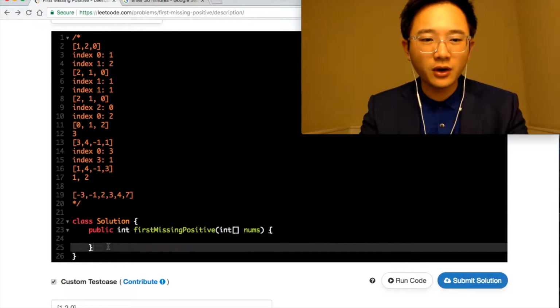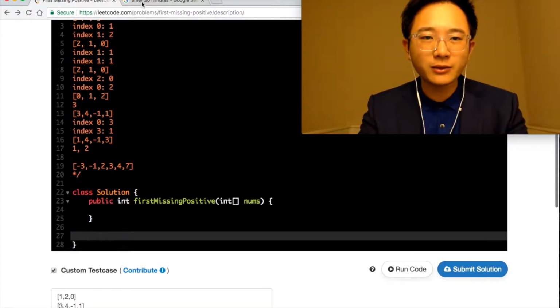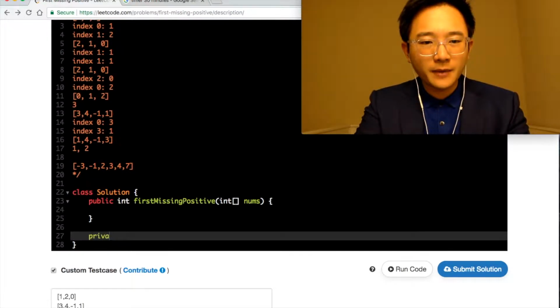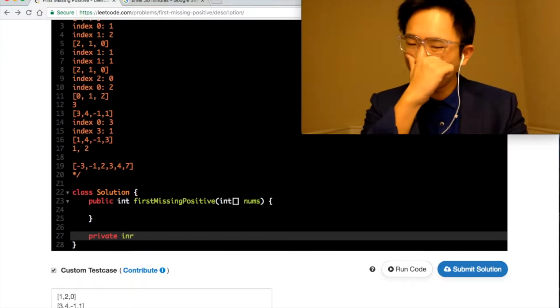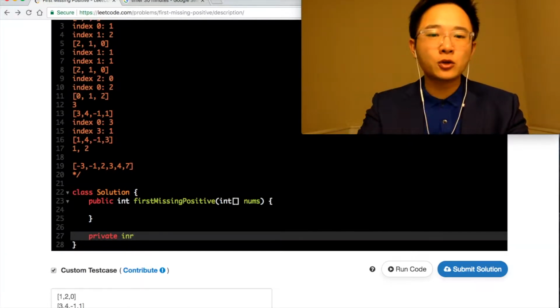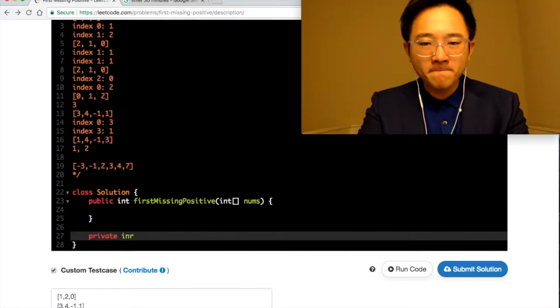So first of all, let's get started. I have 12 minutes. All right. Let's write a swap function first. Okay, so now void and then swap.